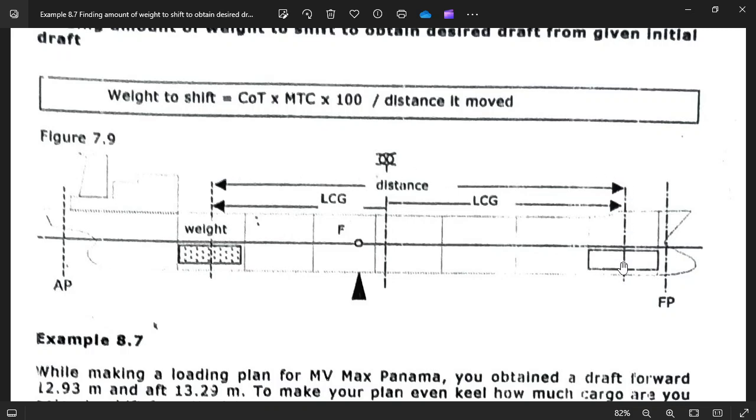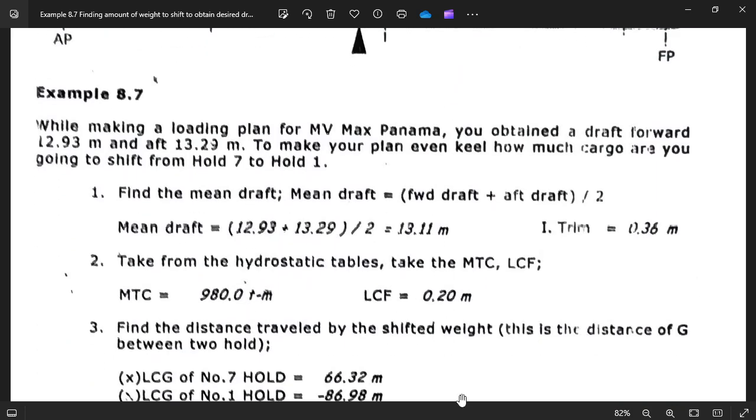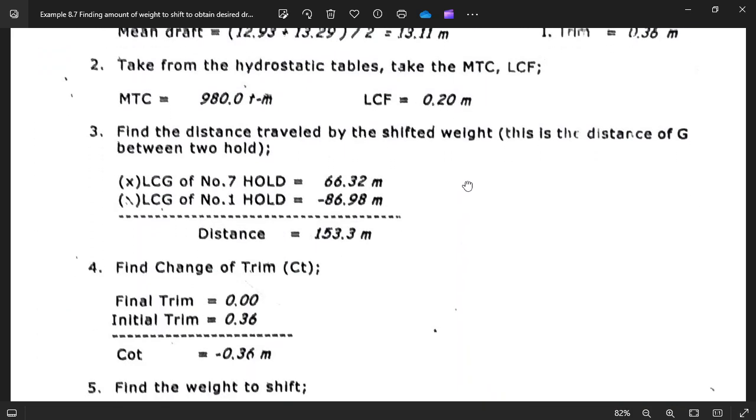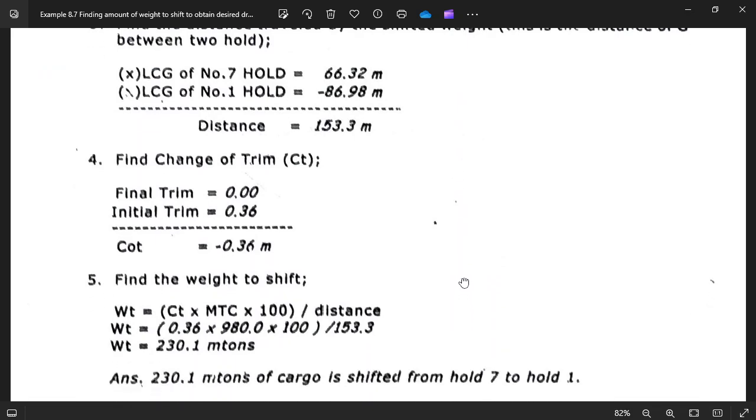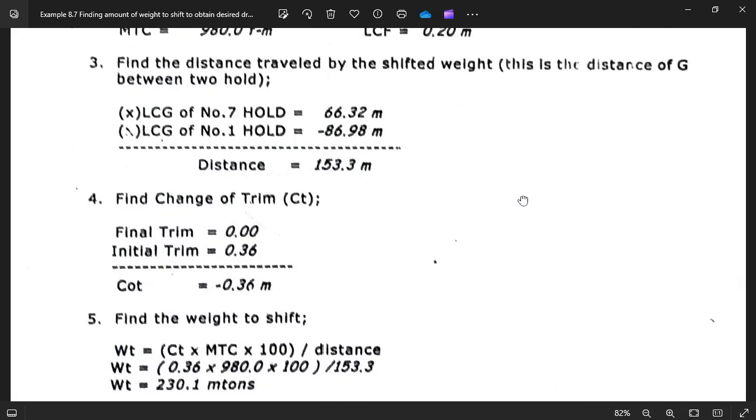Once you shift it to number 1, your vessel will be even keel. He's only asking for the weight. That is what this problem means. So the answer: 230.1 metric tons of cargo is shifted from hold number 7 to hold number 1.